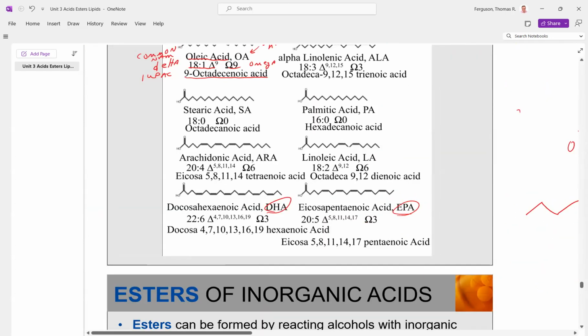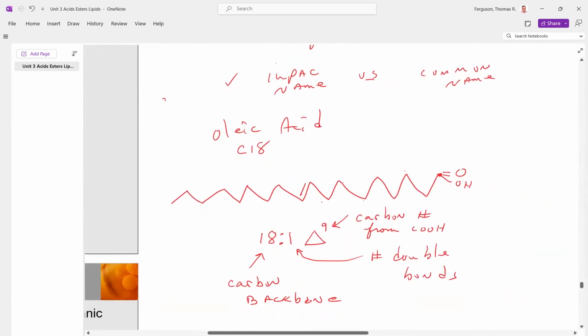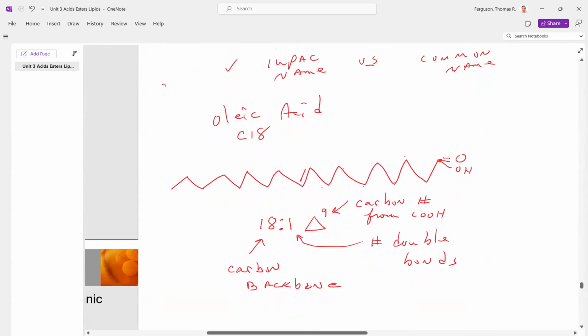Also notice it's an omega 9. So omega 9 is 9 carbons from the end of the fatty acid.